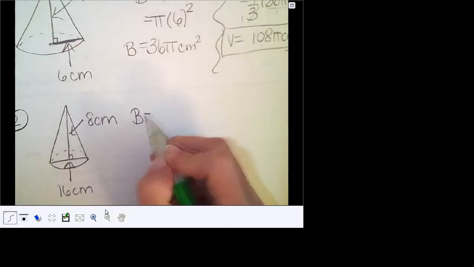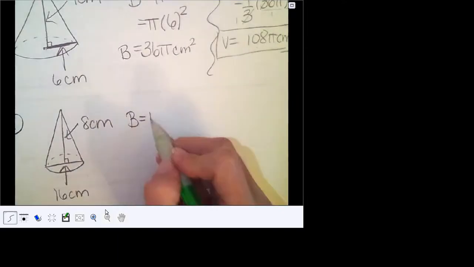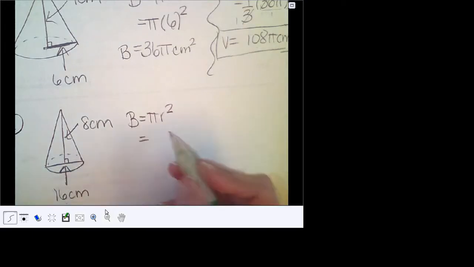First, we find the area of our base, which is pi r squared. Remember, I'm giving you the diameter, so to find the radius given the diameter, you cut it in half. Half of 16 is 8, and 8 squared is 64. So the area of my base is 64 pi centimeters squared.